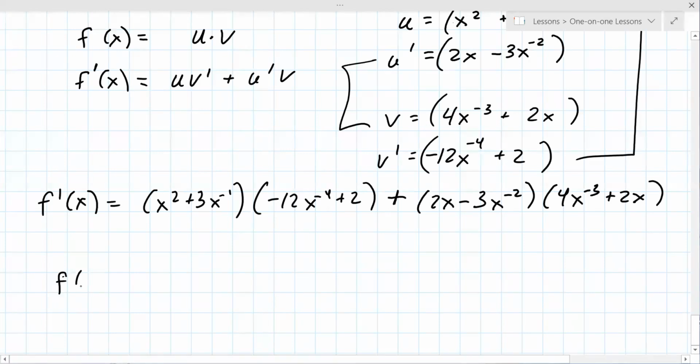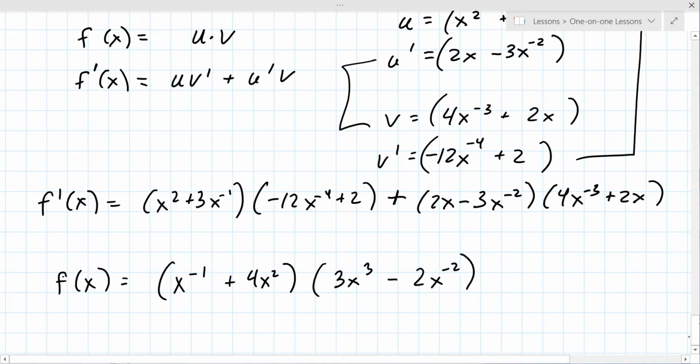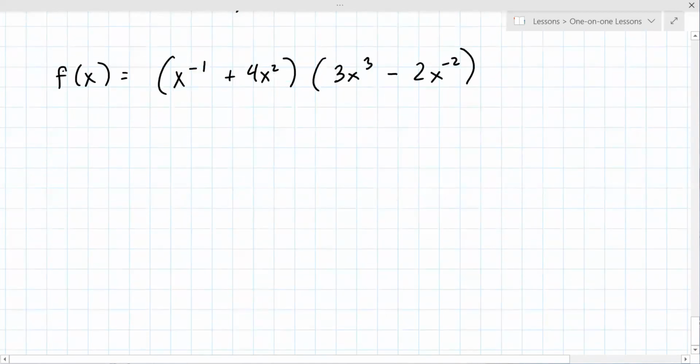Let's just say f of x is x to the minus 1 plus 4x squared, times 3x cubed minus 2x to the minus 2. I just made one up. Go ahead and give that a try. Take about 60 seconds and see if you can get that down.